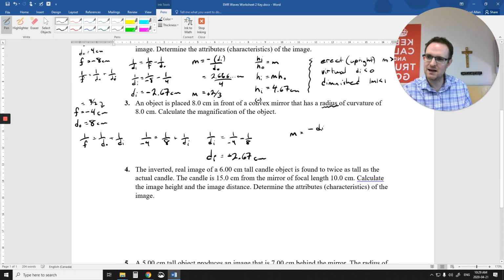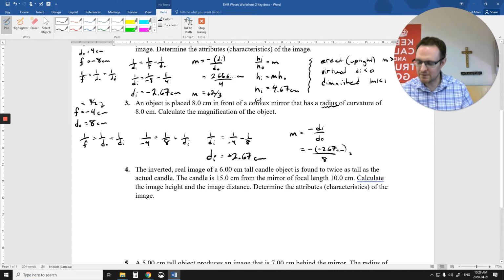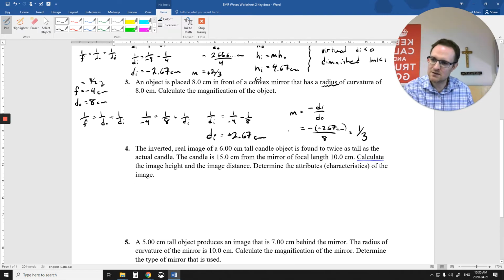I want negative DI over DO. So my magnification is going to be -2.67. There's more decimals than that, but I'll put it in my calculator here. So my magnification is 1/3. Remember, negative turns positive. That's my answer.